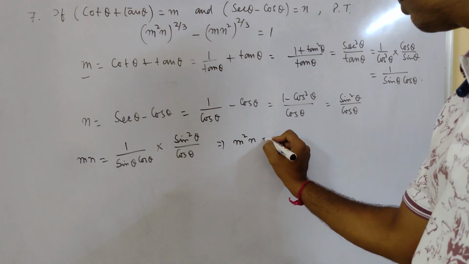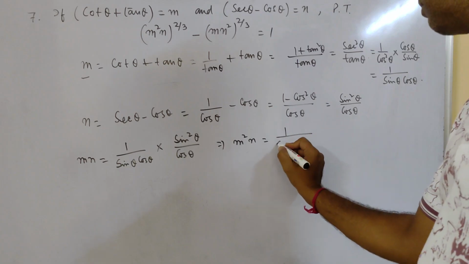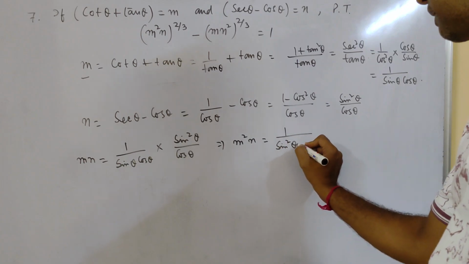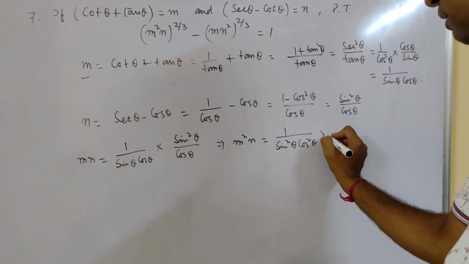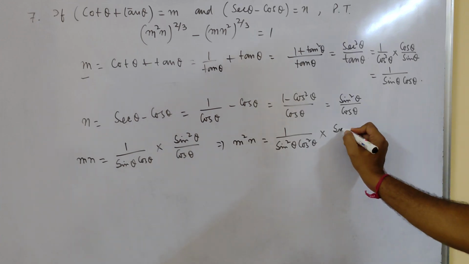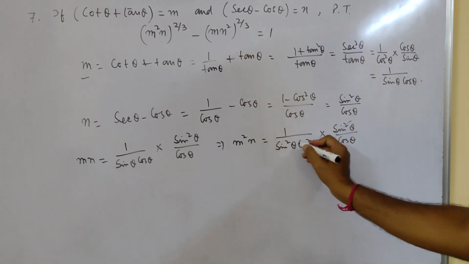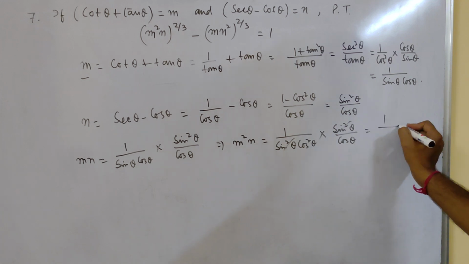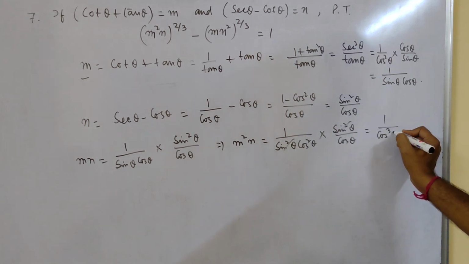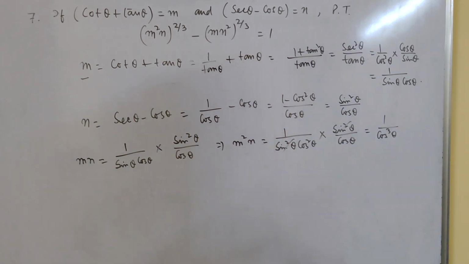So m square n is equal to 1 by sin squared theta cos squared theta into sin squared theta by cos theta. So sin squared theta cancels out, so 1 by cos cube theta, that is m square n.